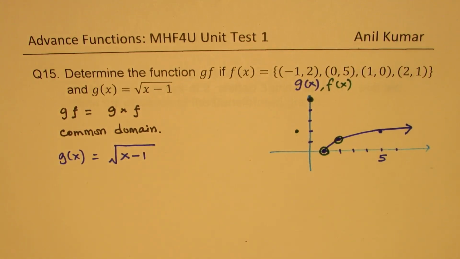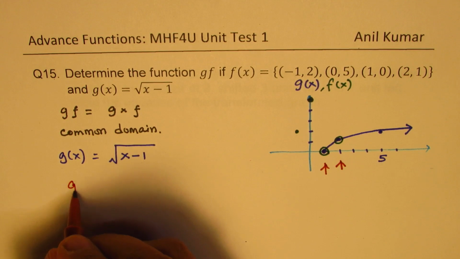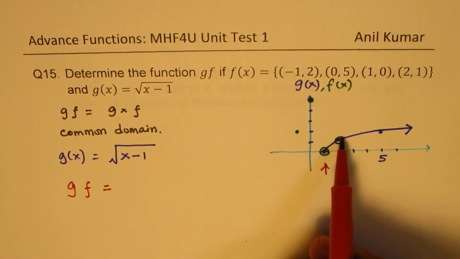Now clearly, you can see from here that these are the only 2 values which are in the same domain, right? So these are the only 2 points which can be multiplied, correct? So we could write g f as equal to these 2 points.